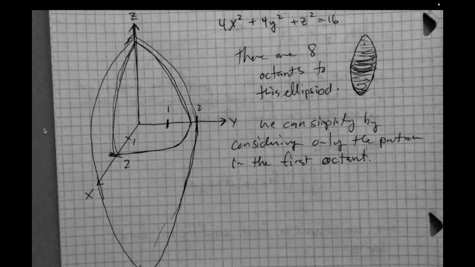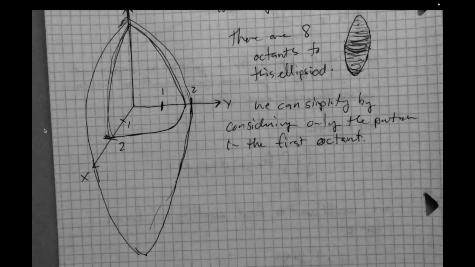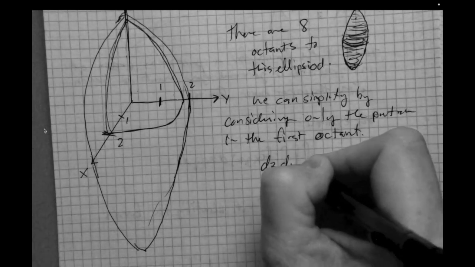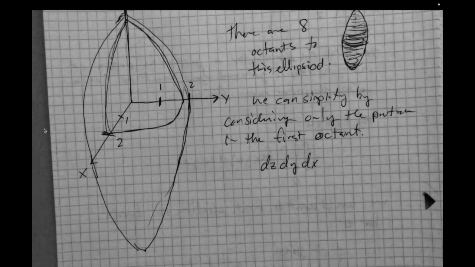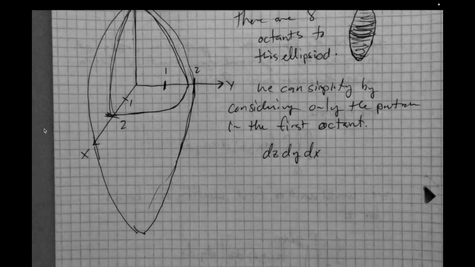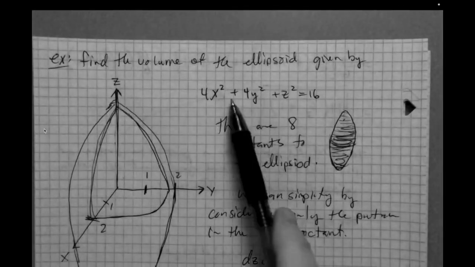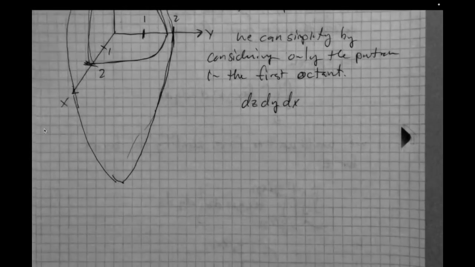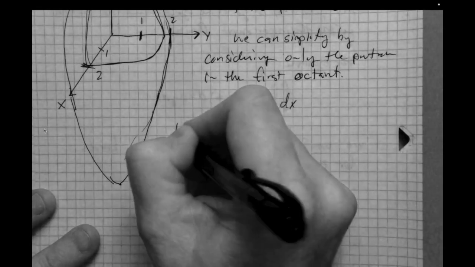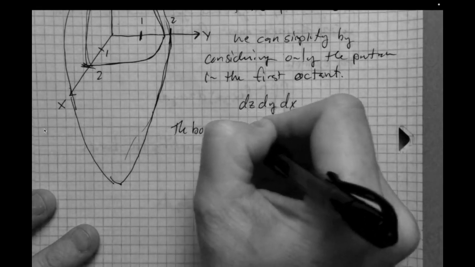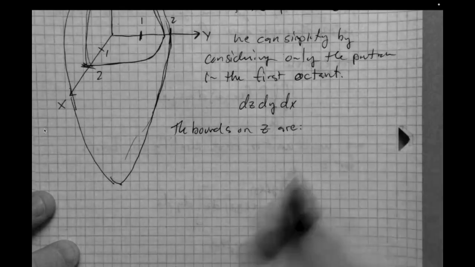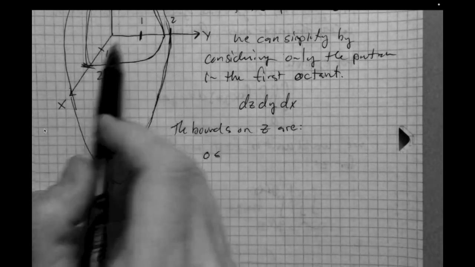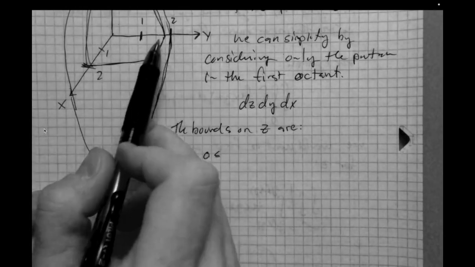Okay, so we'll assume we're going to go with a dz, dy, dx order. So we'll start by identifying the bounds on z. This can be done by looking at the expression and solving for z, right? If we do that, z is going to vary between 0, for this octant, and then whatever this line is here.